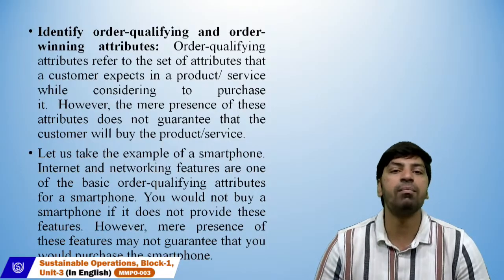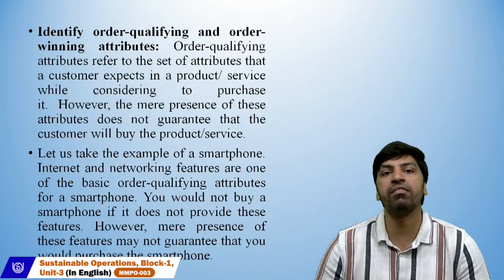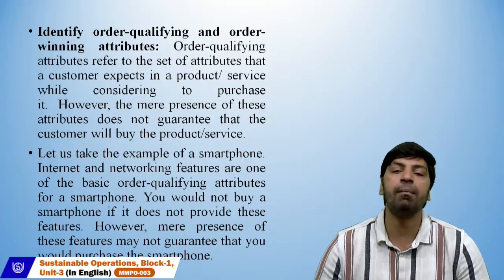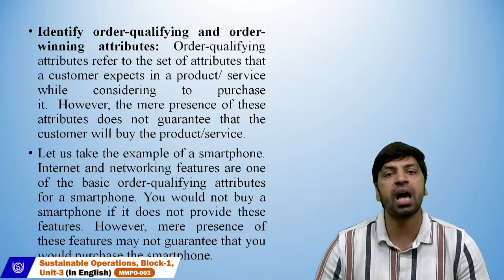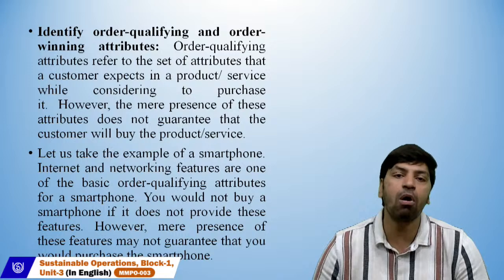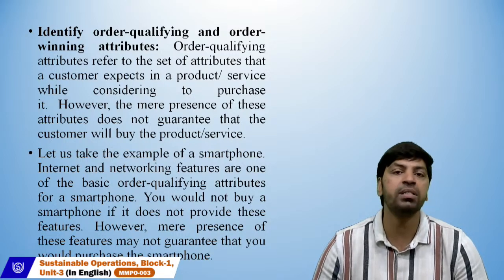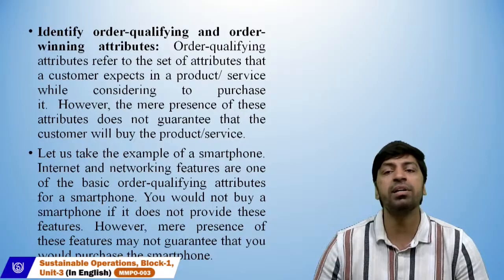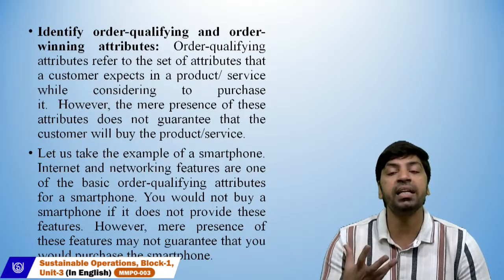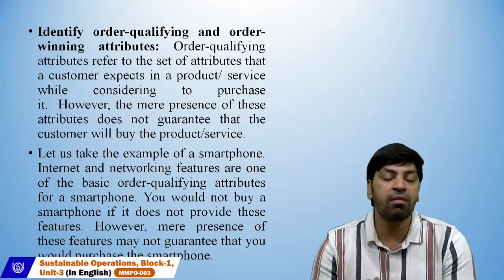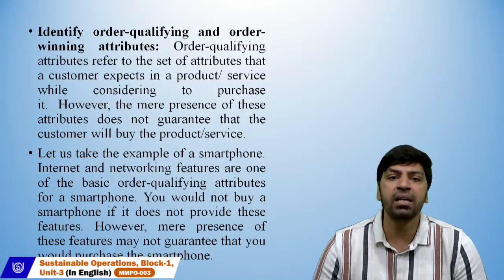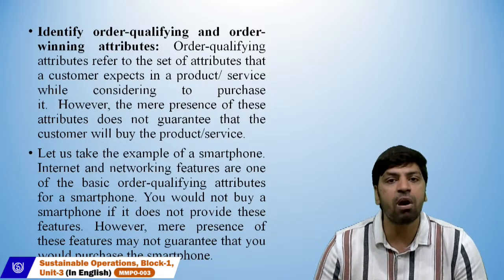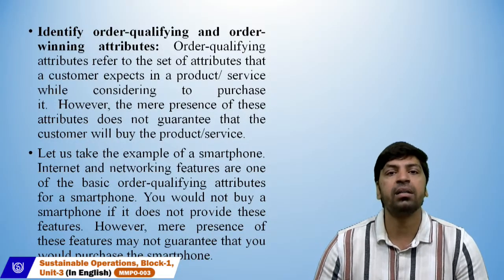Let's take an example of the order qualifying attributes. We take the example of a smartphone. Internet and networking features are among the basic order qualifying attributes for a smartphone. You would not buy a smartphone if it does not provide these features.